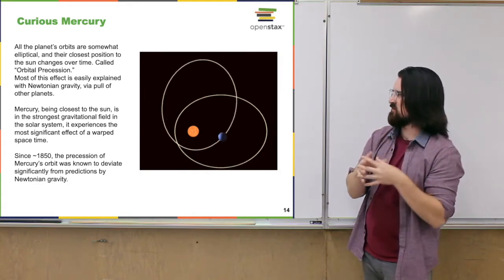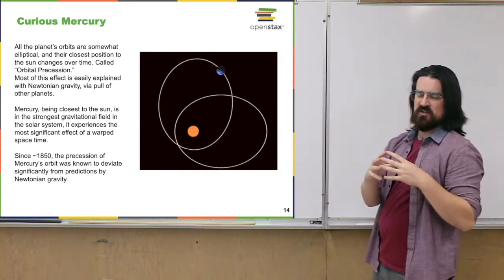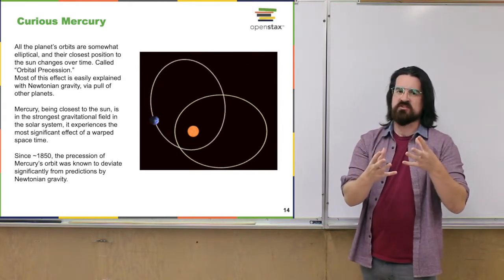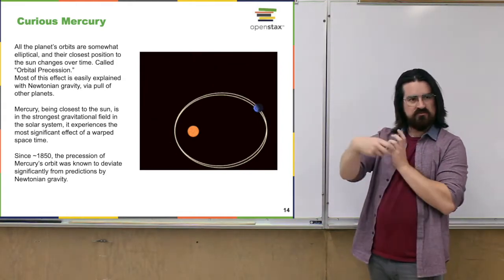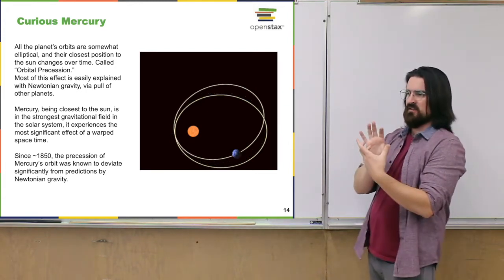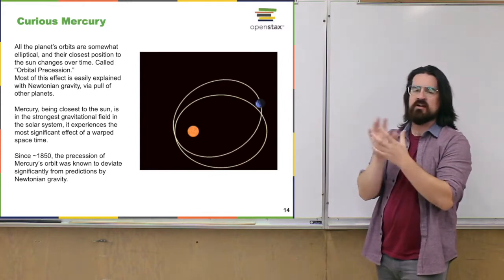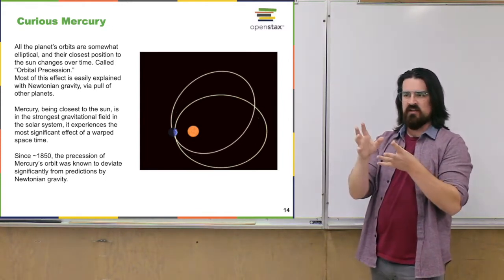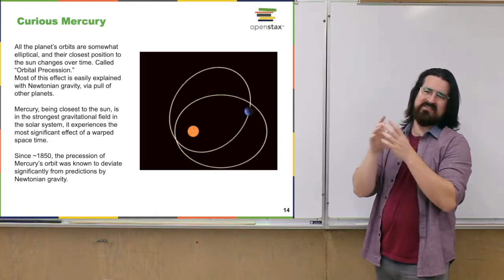So it's also experiencing the most warped space-time in our solar system. Its orbit also precesses, and if you calculate with Newtonian gravity how much it should advance due to just the pull of the other planets, you get some value, but it's too small.